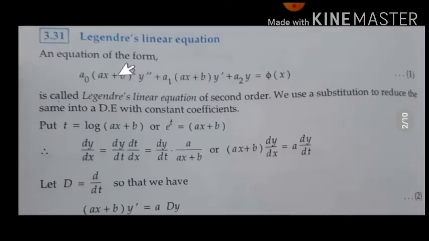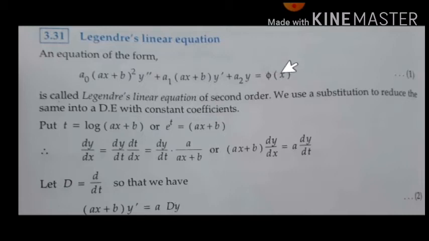Now substitute these two in equation 1. In this equation, wherever (ax + b) whole square y double dash is there, substitute a square into D into D minus 1. In the place of (ax + b) y dash, we substitute a into D y, a D y as it is.